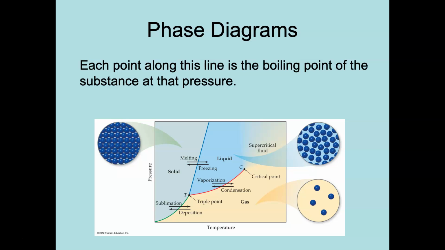So next thing to look at is where different phase changes actually occur in phase diagrams. So between the line of the liquid and gas, we can see that there is a boiling point, and that boiling point is going to be along this specific red line. Okay, and it changes with different pressures, because as pressure goes up, temperature also goes up.